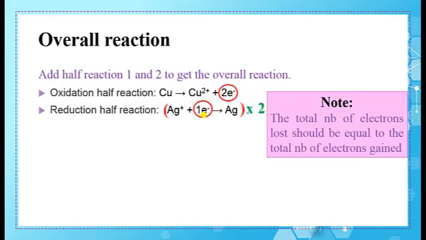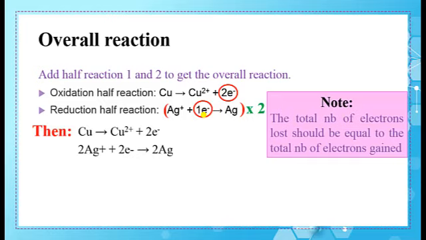We can multiply the reduction half reaction by 2. Then the oxidation half reaction remains Cu gives Cu2+ plus 2 electrons. Nothing changes because we do not multiply it. While the reduction half reaction becomes 2Ag+ plus 2 electrons gives 2Ag. Now the electrons lost are equal to the electrons gained.